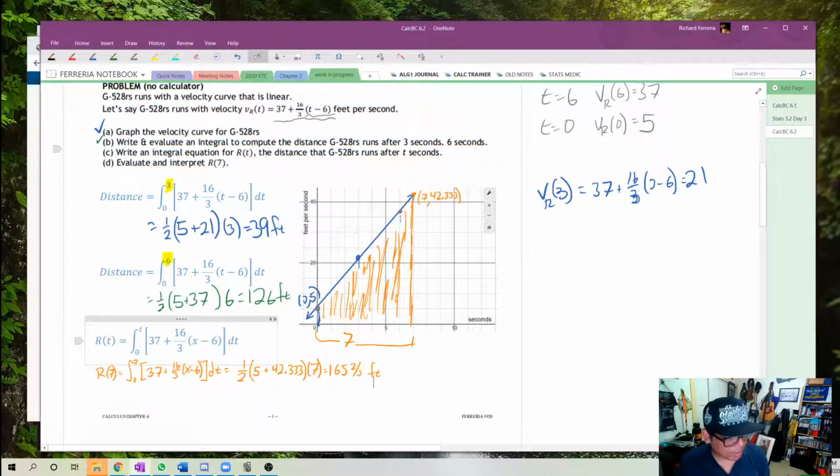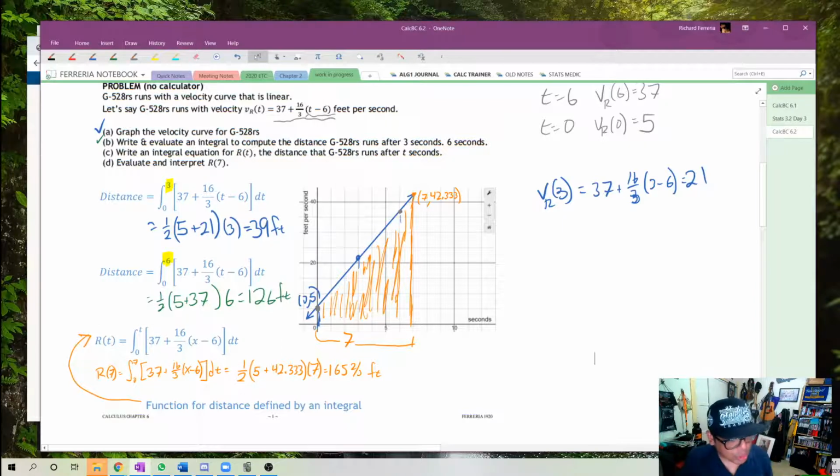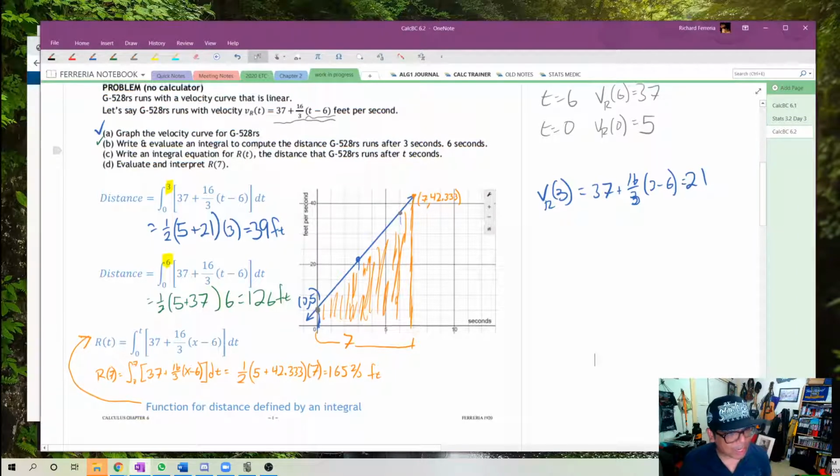So keeping this in mind, this right here is a function for distance that is defined by an integral, or an integral function for distance, which is something we haven't seen before. It's kind of new. Okay, so this is how you do it with calculator. You get these areas using exact geometric formulas.